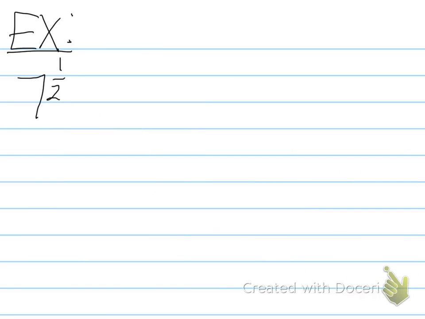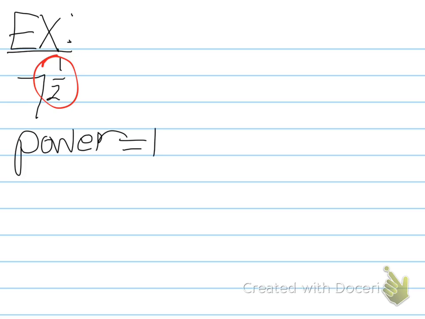Now we're going to look at our first example, which is 7 to the half power. First we need to identify what our power is in this expression. The power is our top number, which in this case is 1. Now we look at the bottom number, which is our root, and in this case our root is 2.